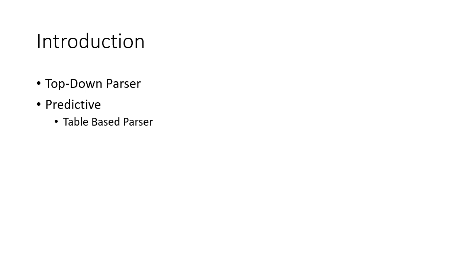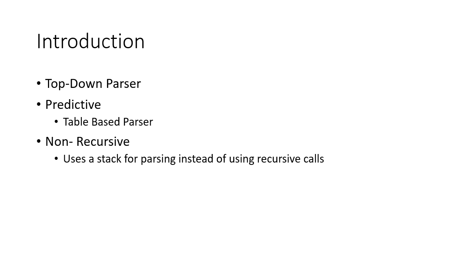So LL1 parsing is a top-down parsing, it's a predictive parsing, and it has 1 lookahead symbol that we will see, and based on that our predictions will be made. Also, this is a non-recursive parsing. So instead of making recursive function calls, we are going to use a stack for the purpose of parsing.